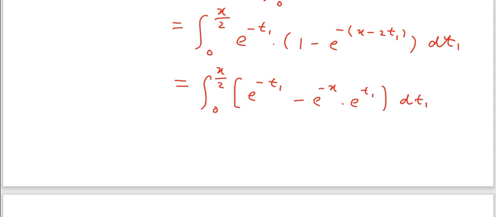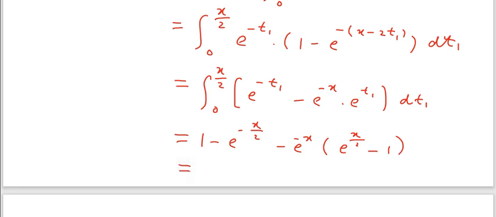So for the first part we can integrate out e to the negative t1 dt. So this equals 1 minus, so negative x over 2. So minus x, we take the x to the other side. So this e to the t1 dt is x over 2. Sorry, negative x, I'm sorry. So this e to the t dt is equal e to the t, so x over 2 minus 0, 1.